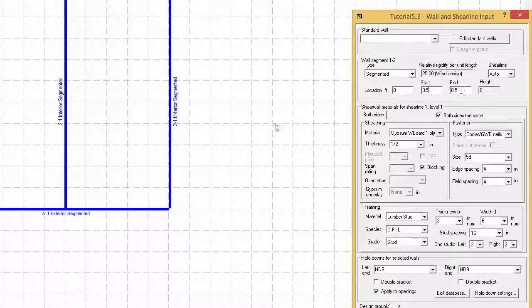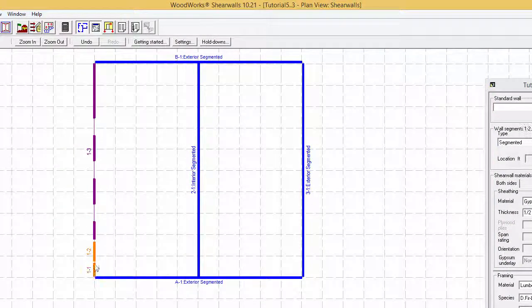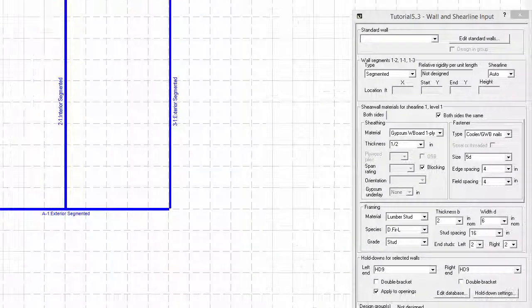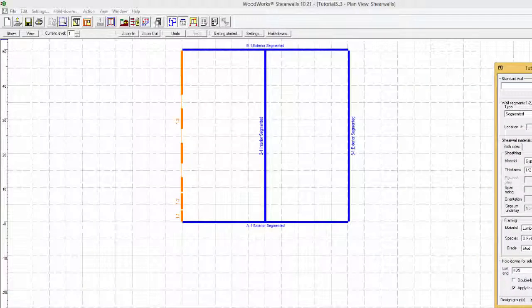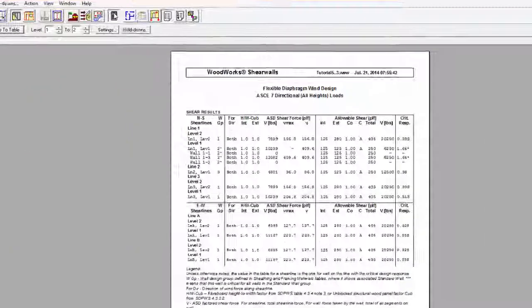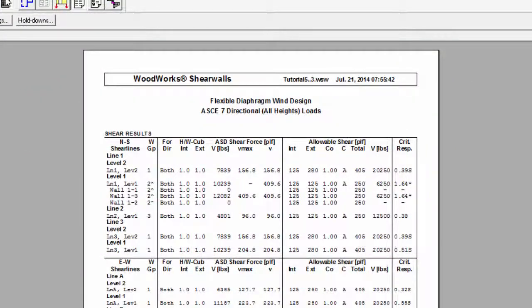We will select all 3 wall segments and deselect the blocking option. Run the design. As you can see, 0 force has been allocated to segment wall 1-2.